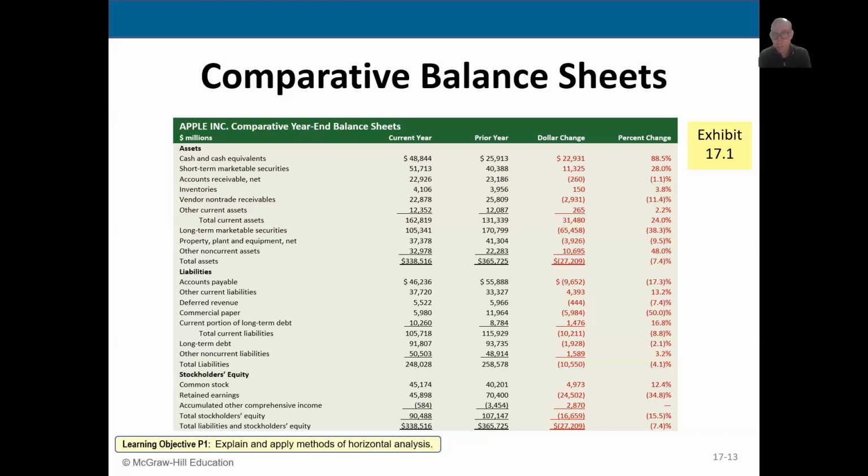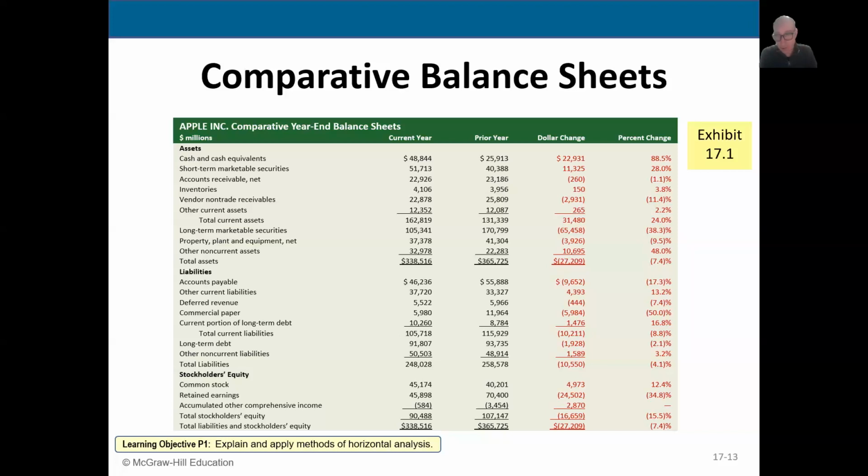Basically, we can see that these changes year to year are in line with what happened. Our total assets are down, but so did our total liabilities. So maybe we paid more loans off. Probably. That's what it looked like to me. There's a lot of things that you can read into in this data.